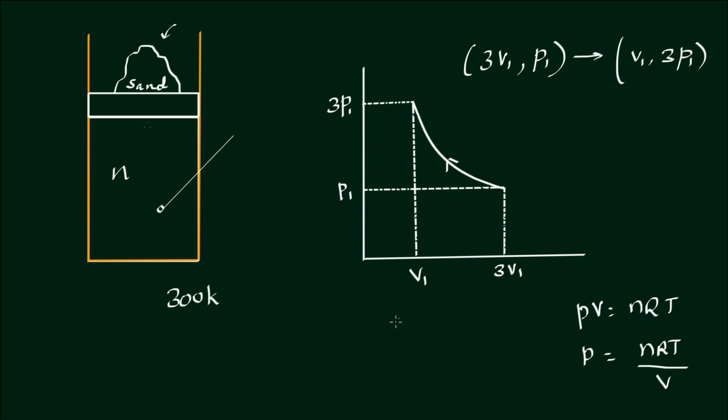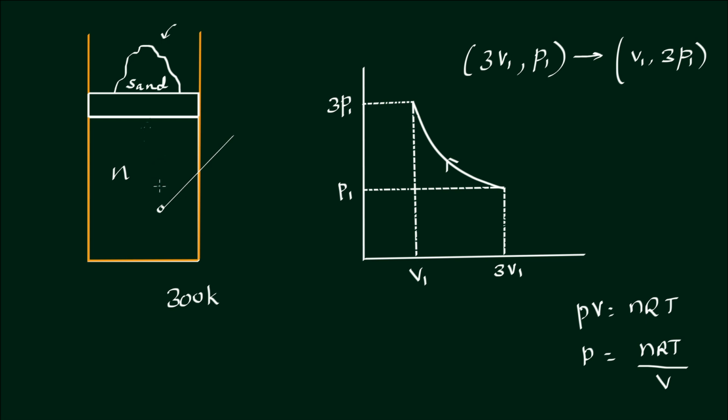I am moving in this direction. That is an isothermal compression. But here's the important thing. Every point on this graph represents an equilibrium state of the gas, and along this curve there are an infinite number of points. So that means I'm taking the gas through an infinite number of equilibrium states from the initial state to the final state.